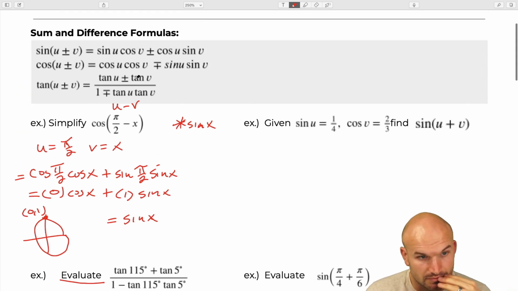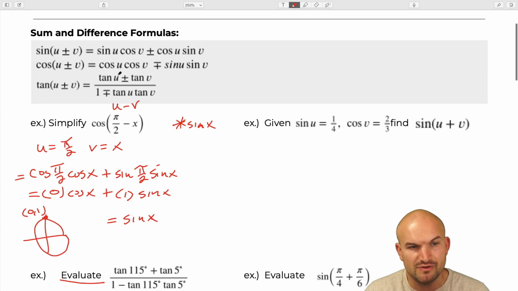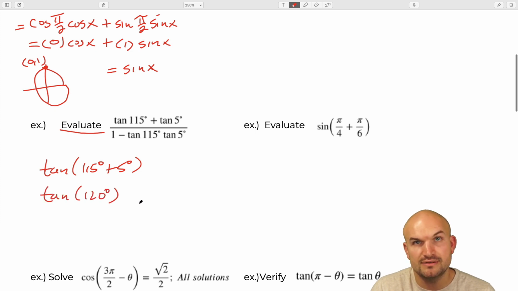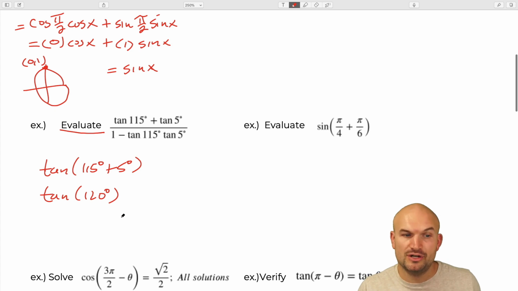However, if we recognize this to be the sum of two angles, like tangent of u plus tangent of v, that means you're going to add the two angles. So this is equivalent to the tangent of 115 degrees plus 5 degrees, which is the tangent of 120 degrees. I can evaluate the tangent of 120 degrees.